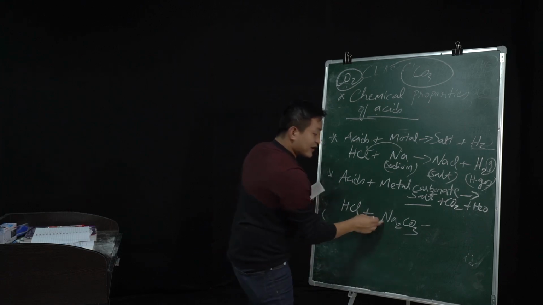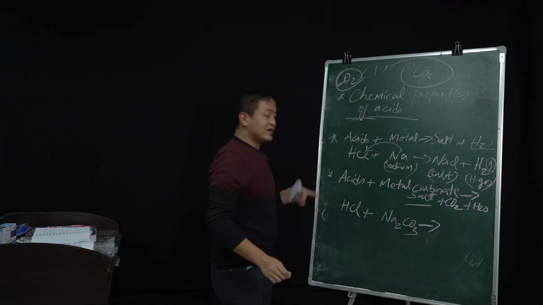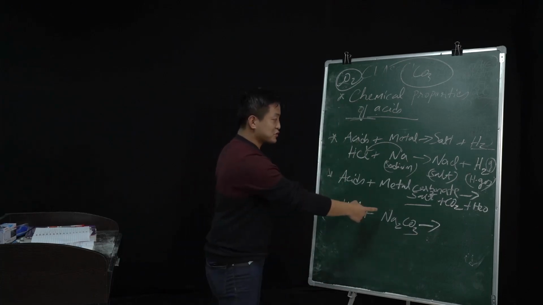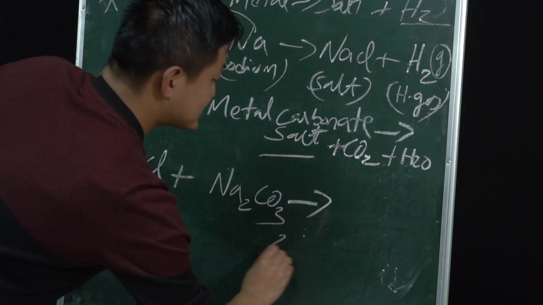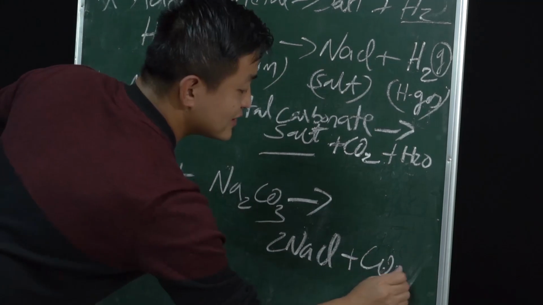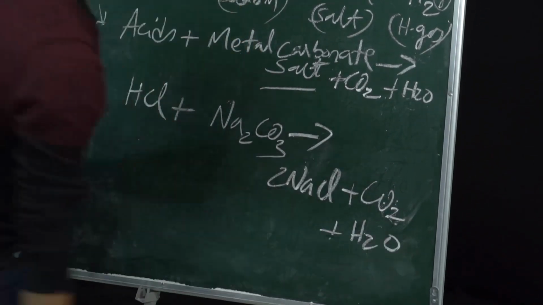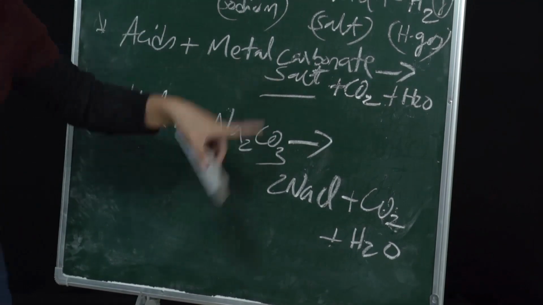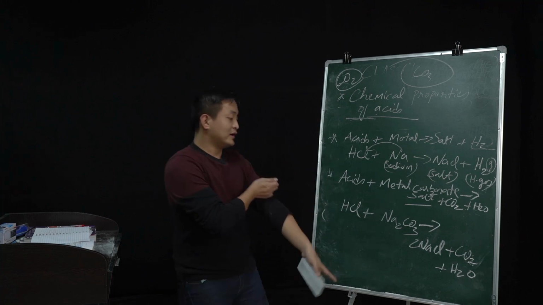So I have metal here, that is sodium carbonate. So we will get a salt. We're going to get the same salt because we're reacting with the same compounds here. So we'll get salt, we'll get carbon dioxide, and then we'll get water. So this is it. We have salt, that is NaCl, we have carbon dioxide and water.